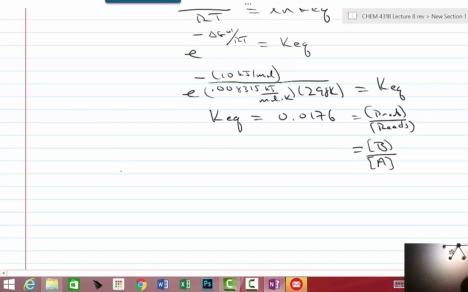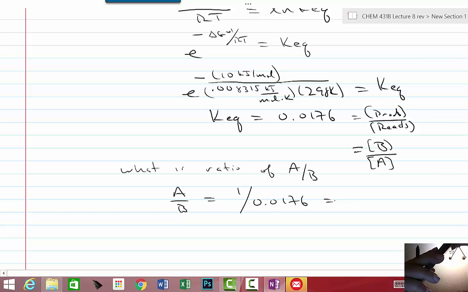But we want to know the ratio of A to B. All we have to do is take the inverse. So A over B, that ratio is going to be equal to 1 divided by 0.0176.